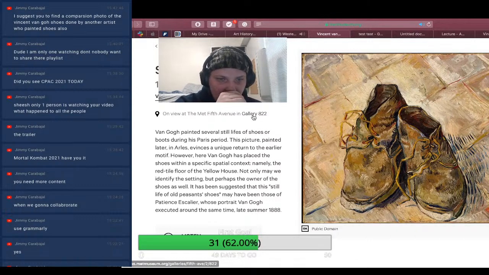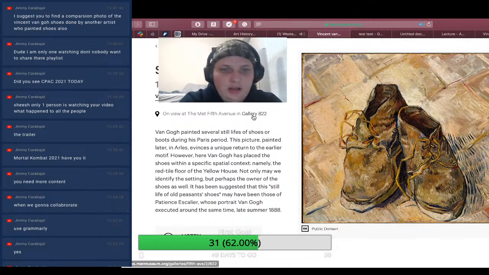Van Gogh painted several still lifes of shoes or boots during his Paris period. This picture, painted later in Arles, advances a unique return to the earlier motif. However, here Van Gogh has placed his shoes within a specific spatial context, namely the red tile floor of the yellow house.